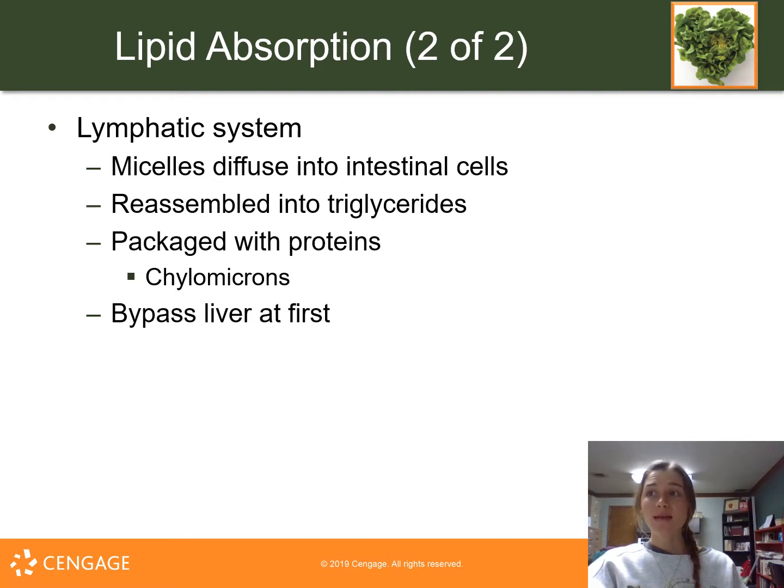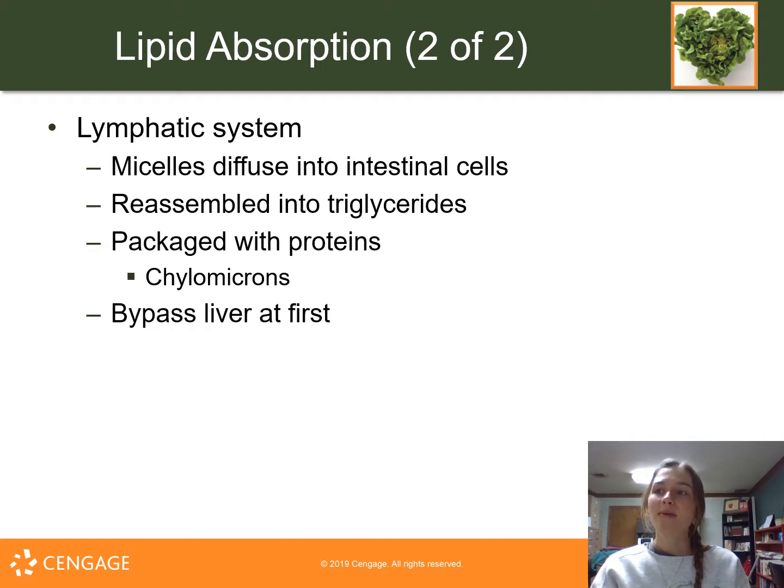So, as we said, the small molecules can diffuse easily, but the larger molecules, like the monoglyceride that gets left in the middle from breaking down triglycerides, and then those long fatty acid chains, must first be emulsified by bile and form spherical micelles, and then they can diffuse into the intestinal cells.